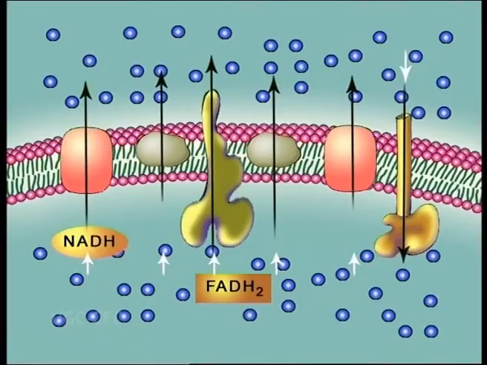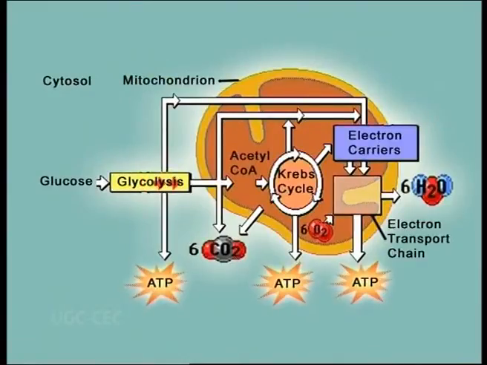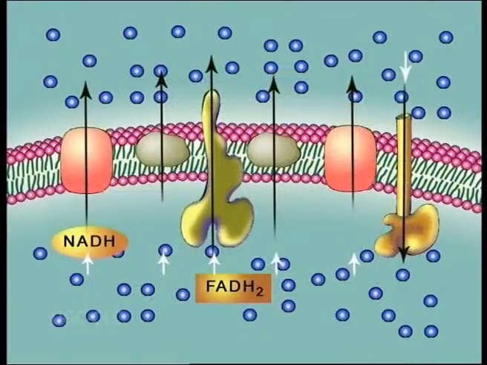The enzymes of the citric acid cycle are located in the mitochondrial matrix, with the exception of succinate dehydrogenase, which is bound to the inner mitochondrial membrane as part of complex 2. The citric acid cycle oxidizes the acetyl-CoA to carbon dioxide, and in this process it produces reduced cofactors, that are 3 molecules of NADH and 1 molecule of FADH2.